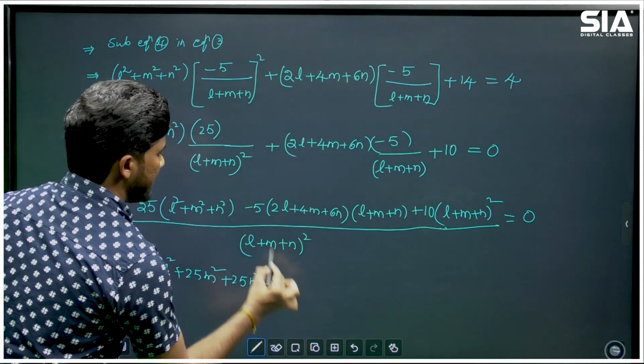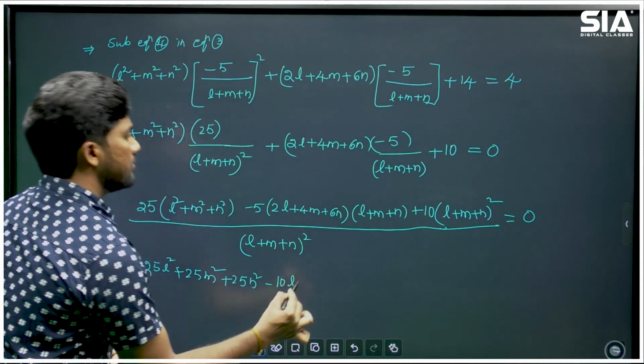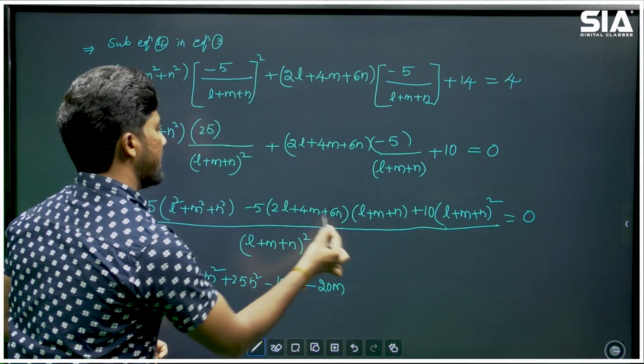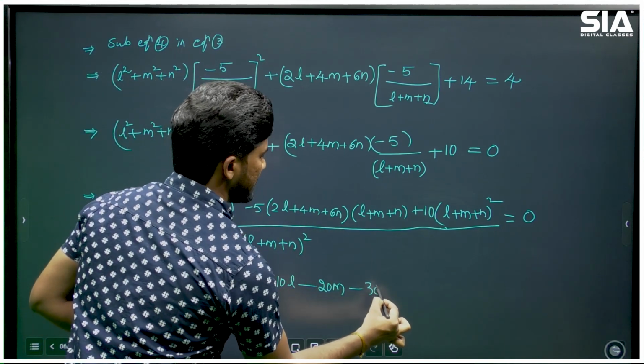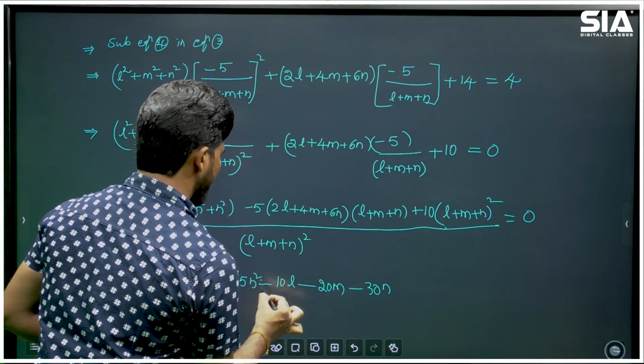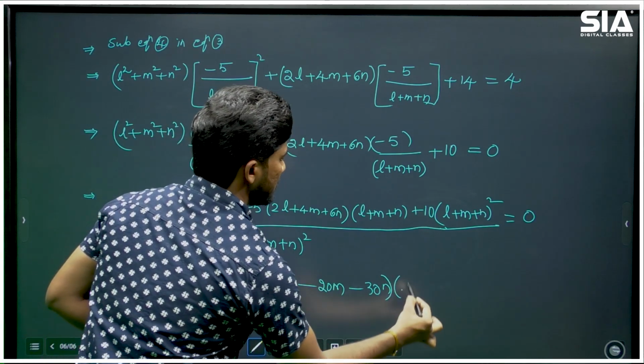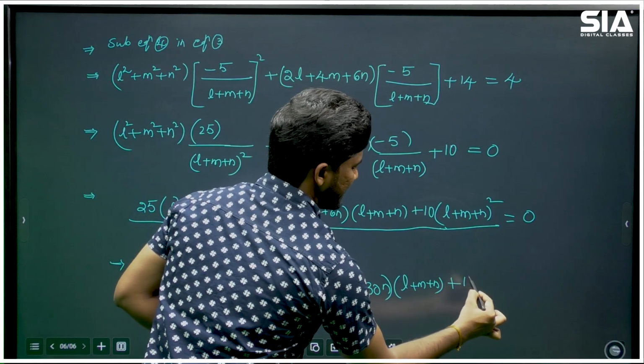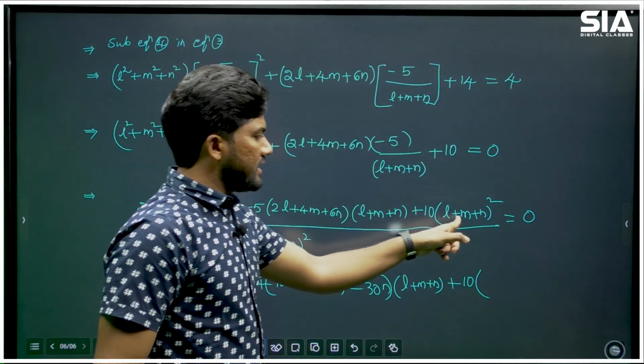First of all, minus 5 into 10L, minus 5 into 20M, minus 5 into 30N. Okay, so put here plus, I am writing into L plus M plus N, plus 10 into, expand this formula.